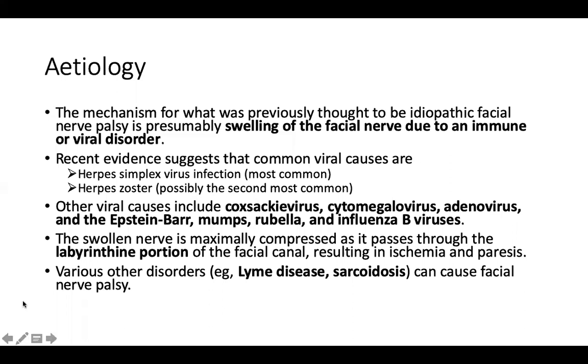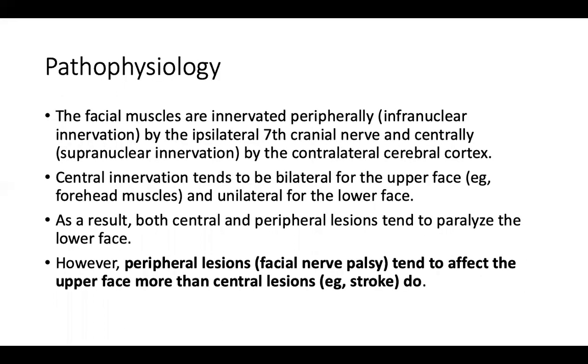And the commonest area where the nerve swells and becomes compressed, like we saw in the previous pictures, is the labyrinthine portion. We also have various disorders like Lyme disease and sarcoidosis. Though very rare, they also cause facial nerve palsy.